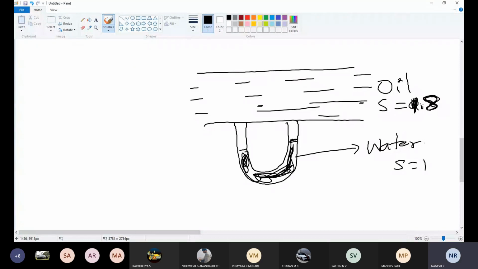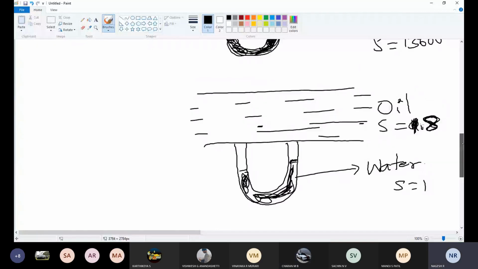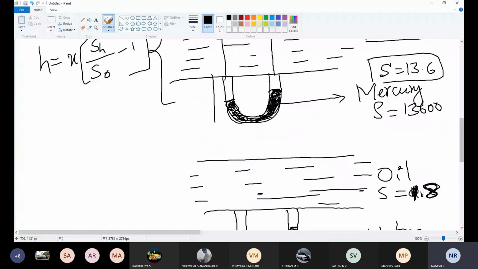So now, in the mercury manometer figure, which is the heavier liquid? Just consider heavier only. I am taking the formula with respect to this manometer.